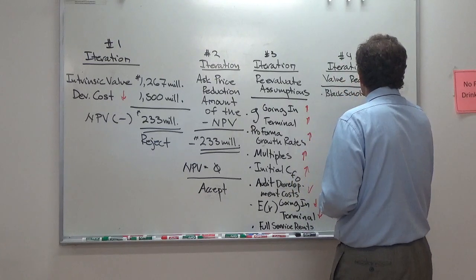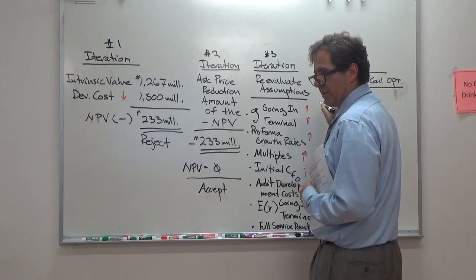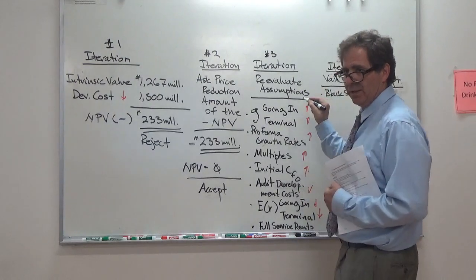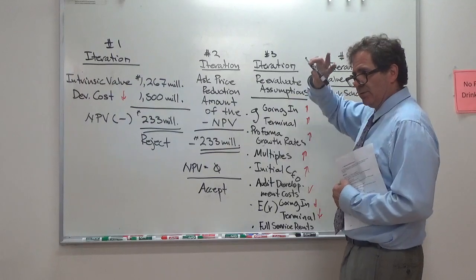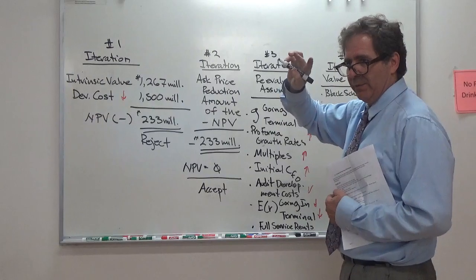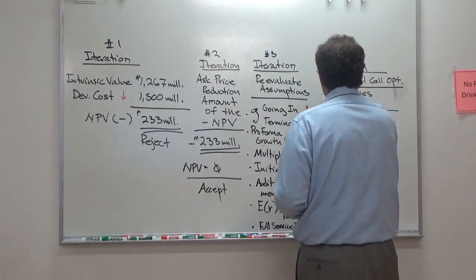Any other? What's the other method that we could use? There's two. Oh, binomial tree. Yeah, the binomial tree.